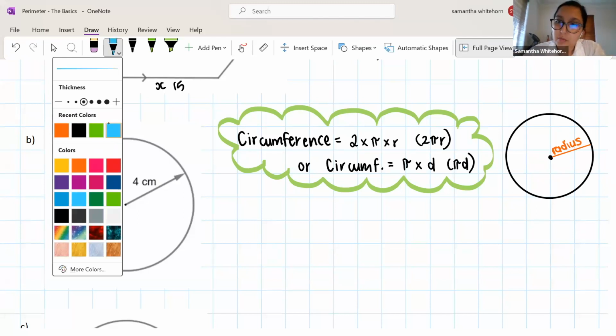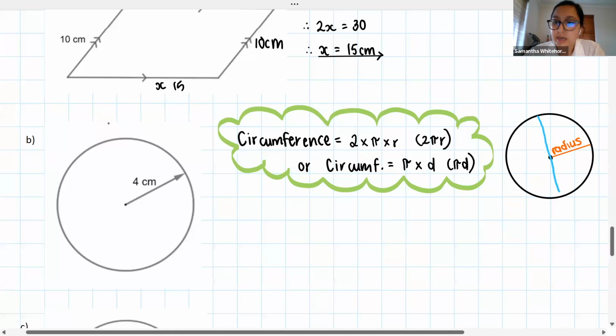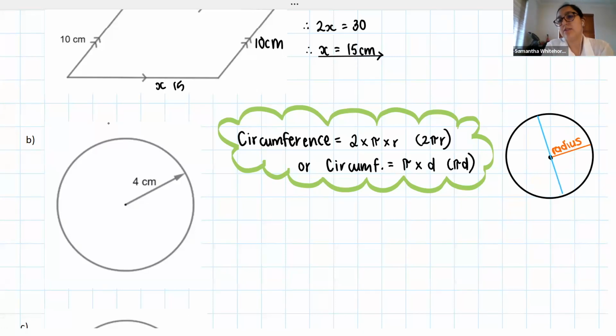Any line drawn from one end of my circumference to the other, but that passes through the center, is called our diameter. Now, hopefully what you can see is that your diameter is double your radius. So if you know what the radius is, you can just double it to get the diameter. If you know what the diameter is, you can just halve it to get your radius.